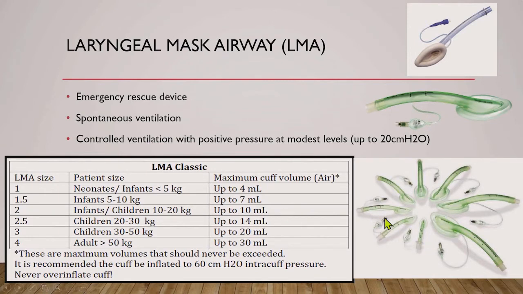So you can see again, this is the laryngeal mask airway with different sizes, and there are many different brands. If you cannot remember what size of LMA the child should use, you can always look at the tubing here or the packaging. They should clearly state the kilograms that the mask fits for that child.